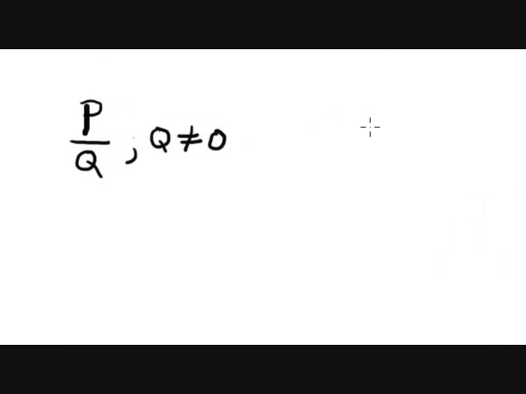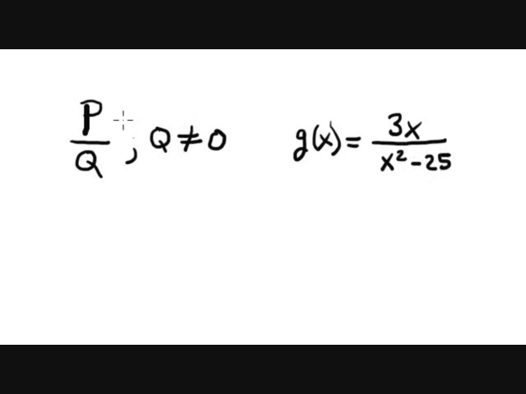In our example, the function that we have is g of x equals 3x over x squared minus 25. Okay, the expression x squared minus 25 must be different to 0.